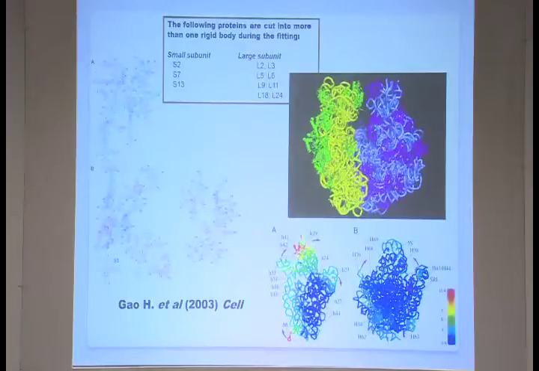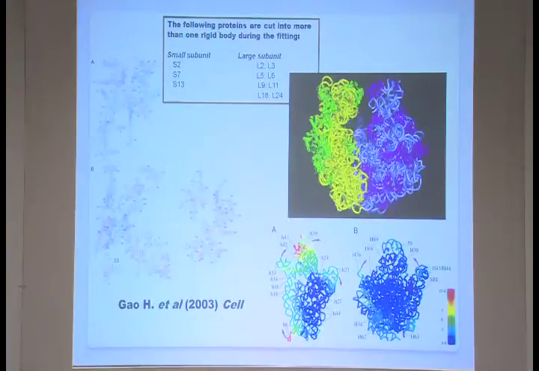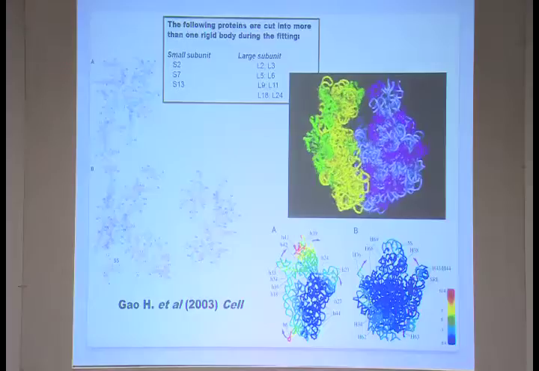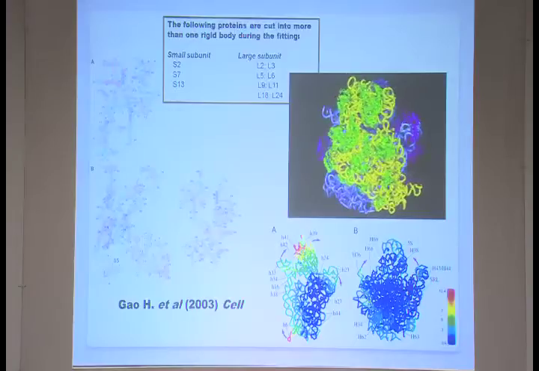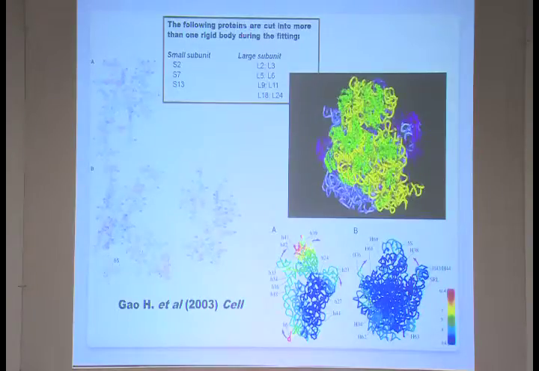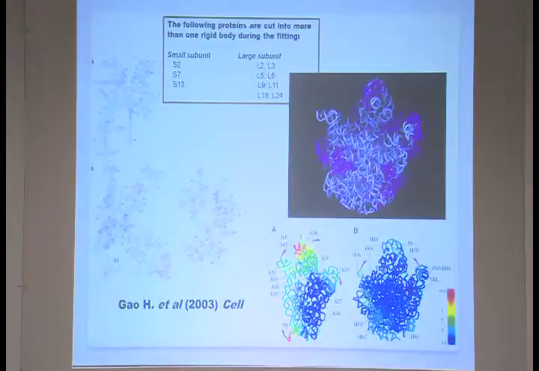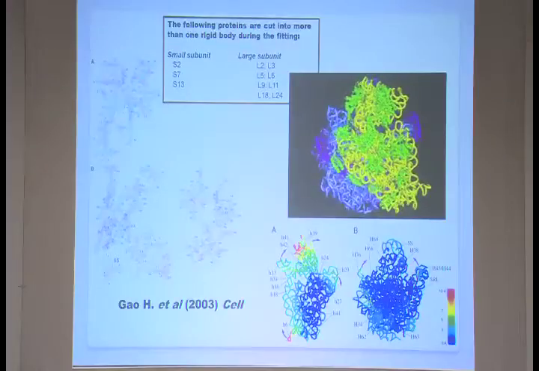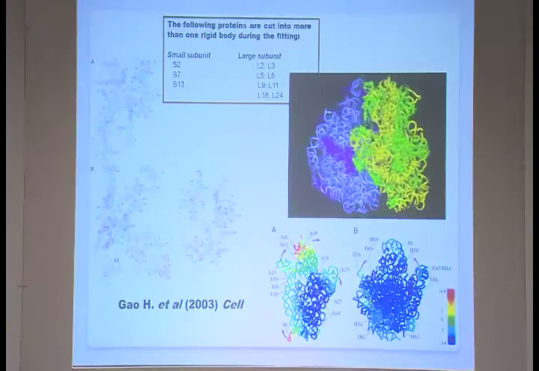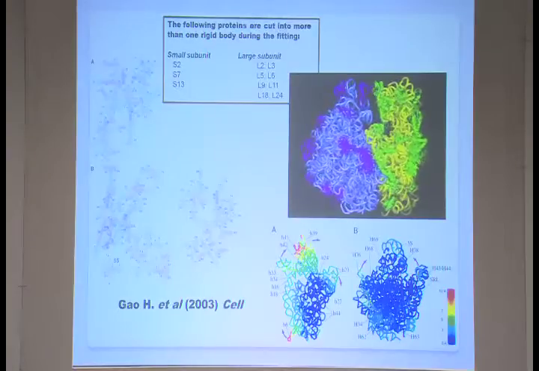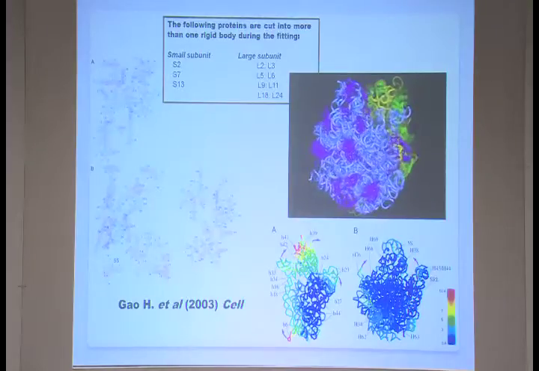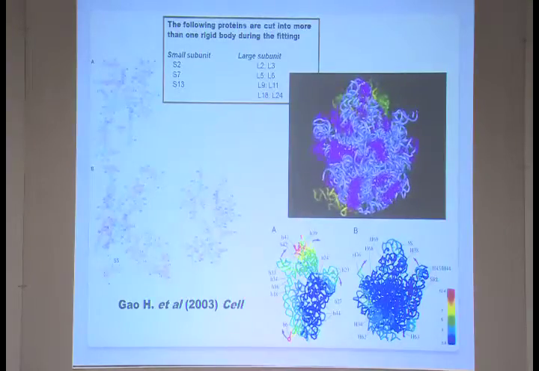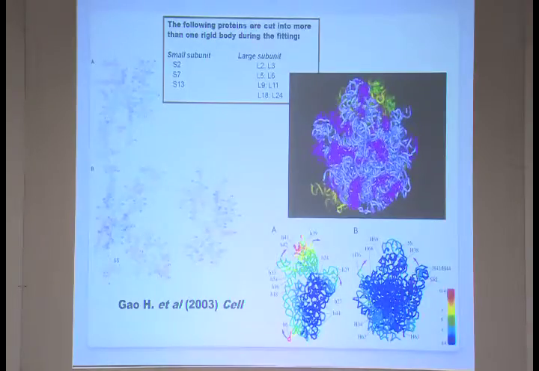For example, in the 16S and 23S RNA, each of these helices you can cut as rigid pieces. Cutting means you have to specify that this is a rigid piece. And even the proteins, if they have 2-3 bigger subdomains, you can specify that they are separate rigid bodies. So piece by piece it fits.